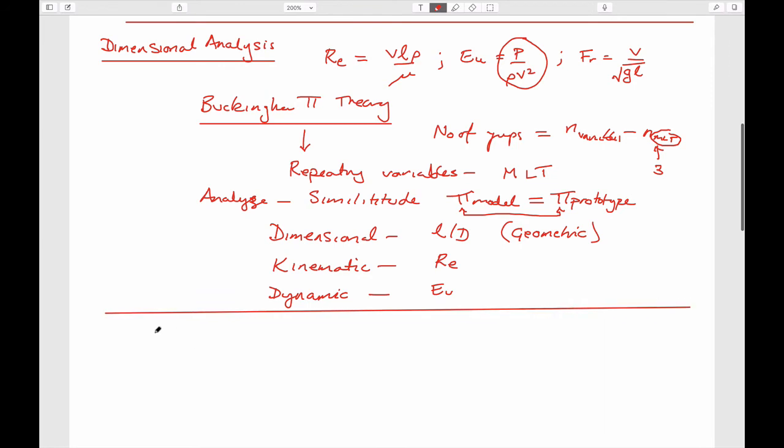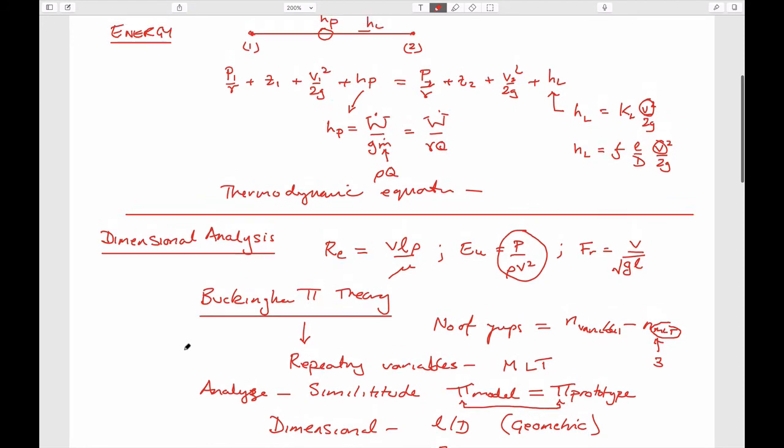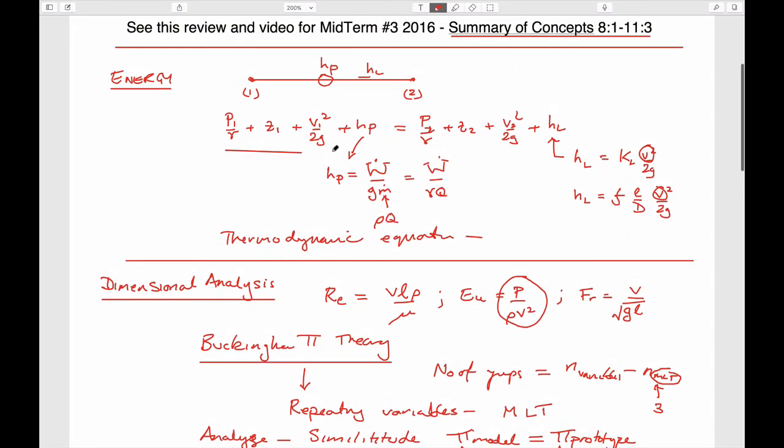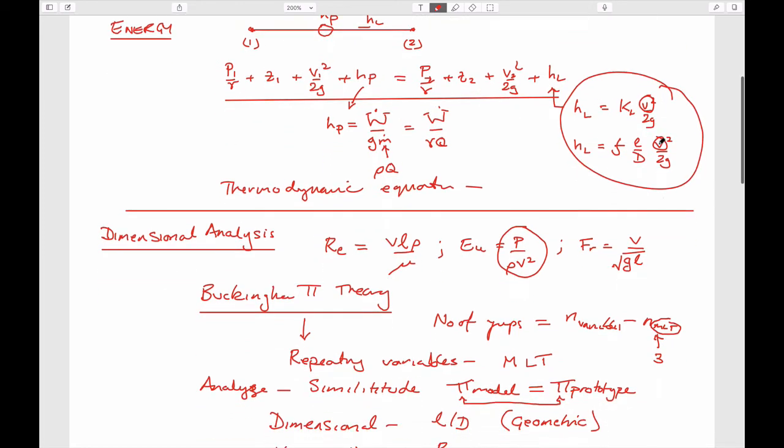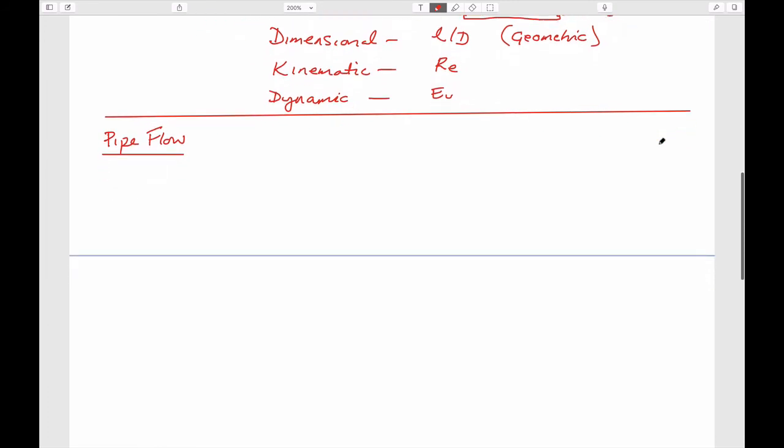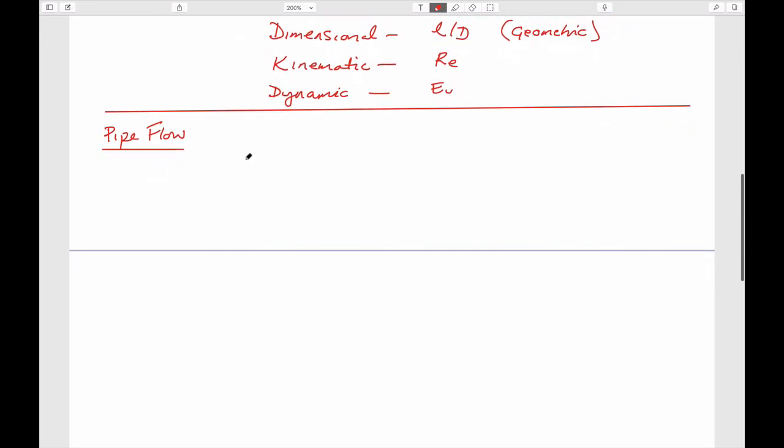And finally, for pipe flow, much of it is covered in this expression up here and in these two expressions here. But it's probably worth making a few comments. We talked about different types of problems.